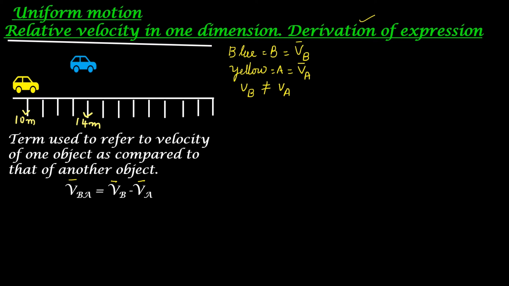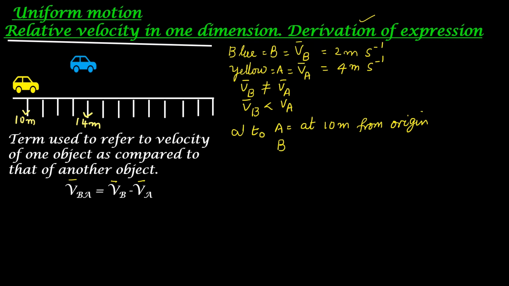In order to help you understand better, let us consider VB is equal to 2 meter per second and VA is equal to 4 meter per second. So here VB is less than VA. At time T0, that is initial time, object A is at 10 meters from origin and object B is at 14 meters from origin.